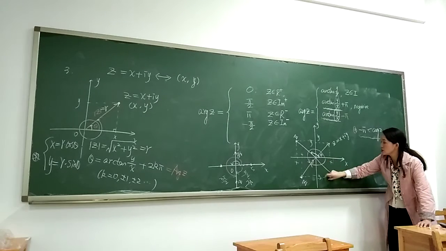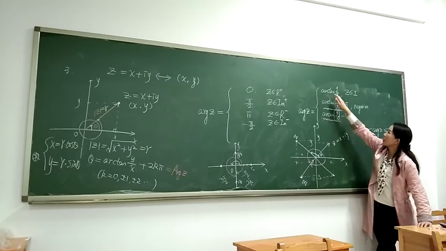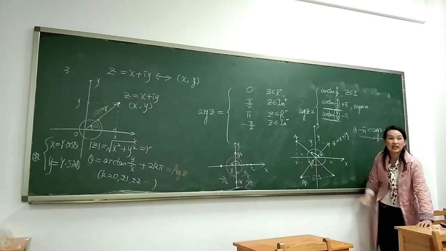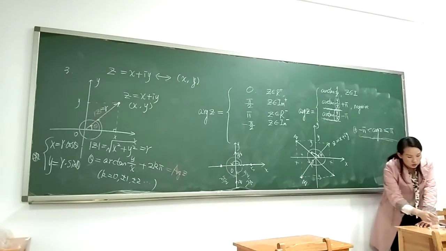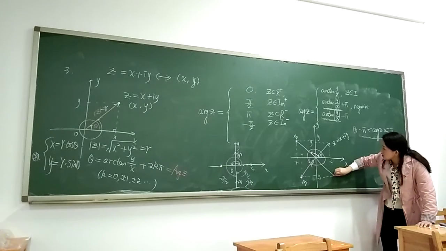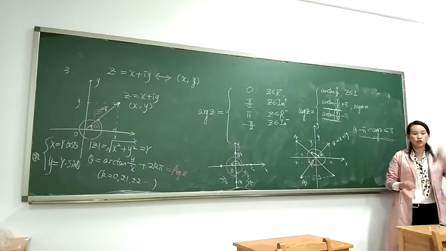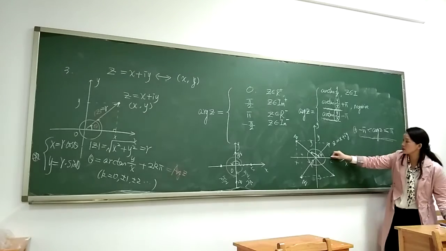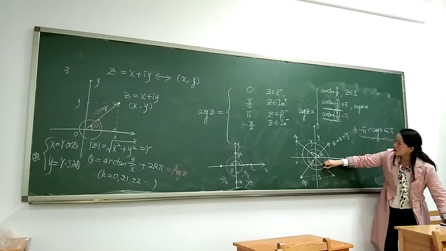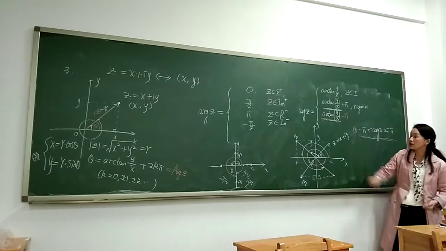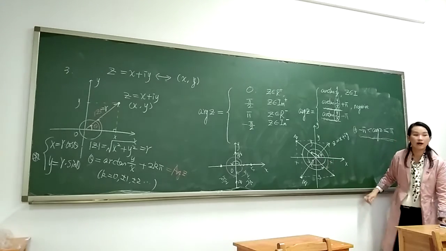If you write arctangent, y over x is negative. So please tell me, if this is z, you have two angles. The first one is this big white one. The second one is this negative one.